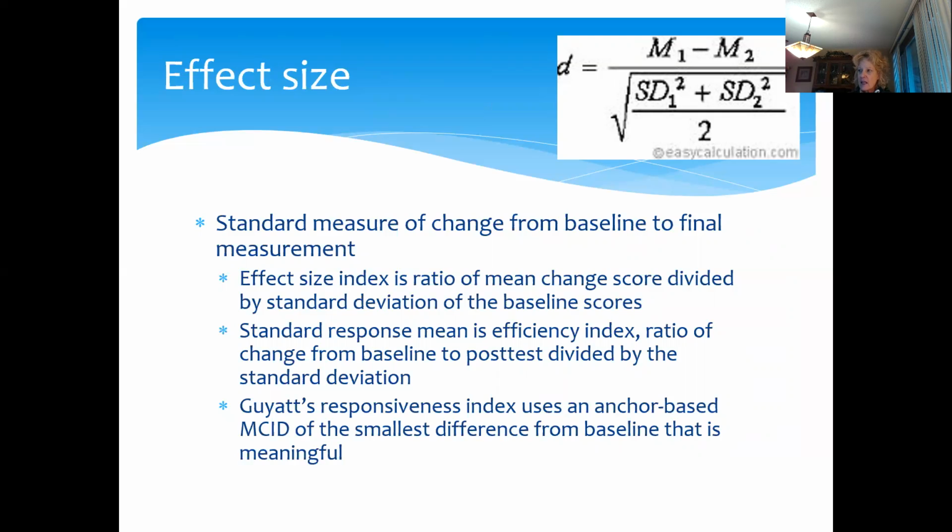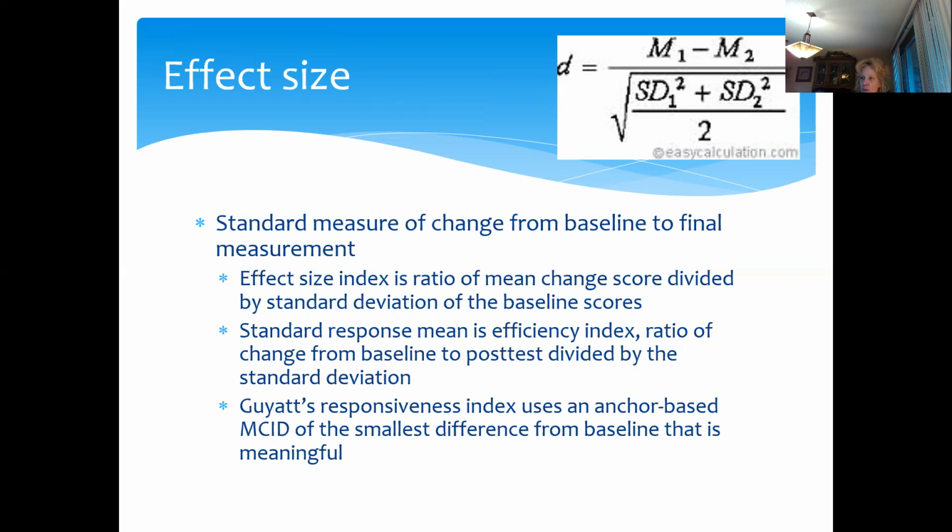And effect size is generally considered to be more appropriate to determine if meaningful change has occurred because it takes into consideration the group variability and is a little bit more helpful when we're trying to determine this minimal clinically important difference.